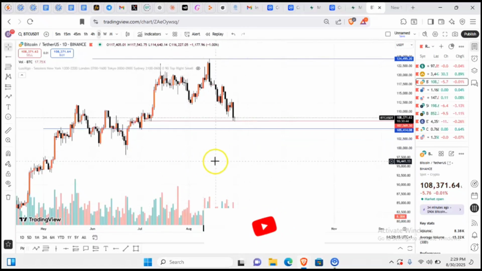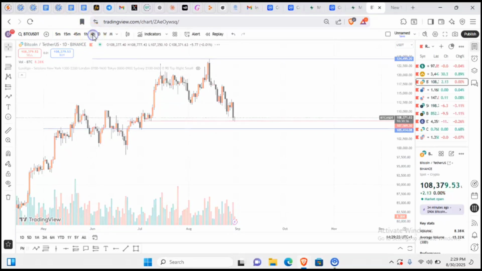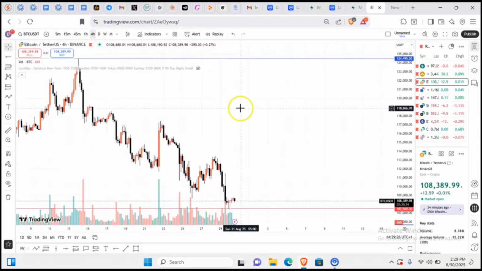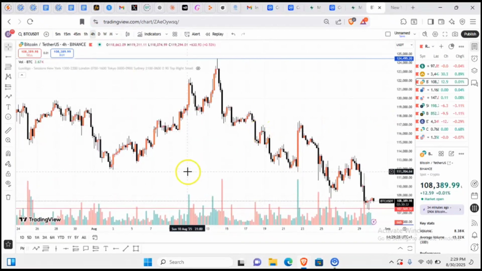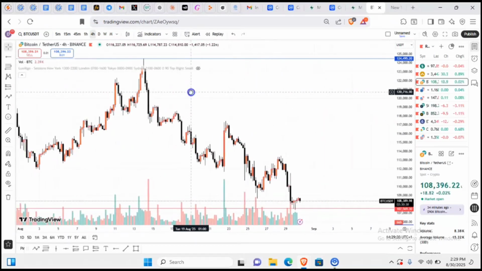So let's observe price action, and let's go to the 4 hours time frame. What do we notice ever since? We notice that there's a range, there's a level here, there's a level here.